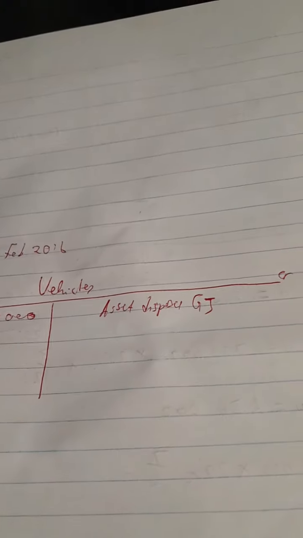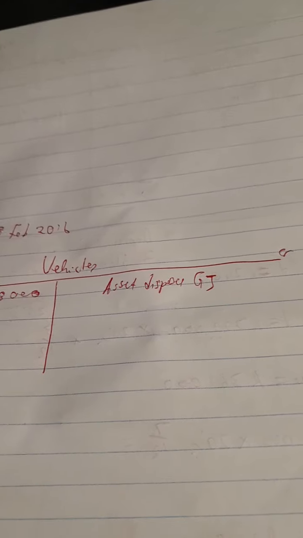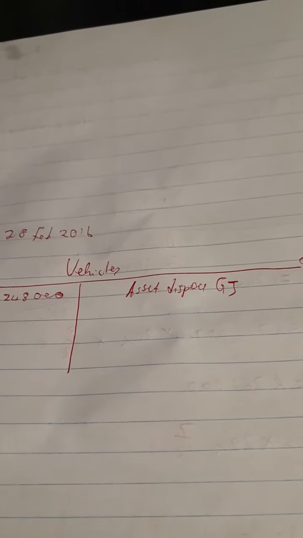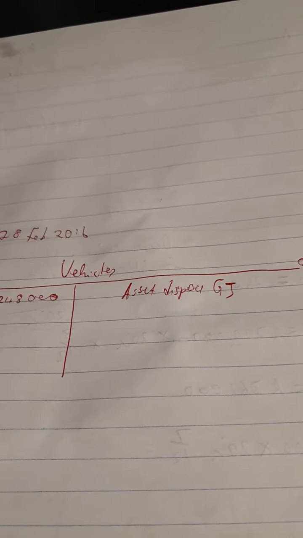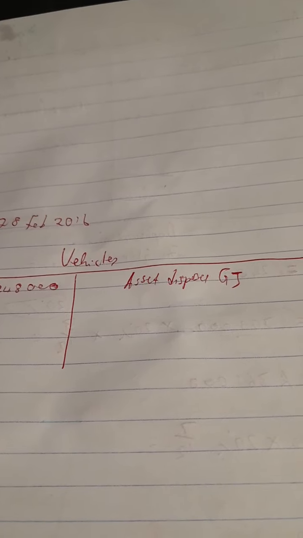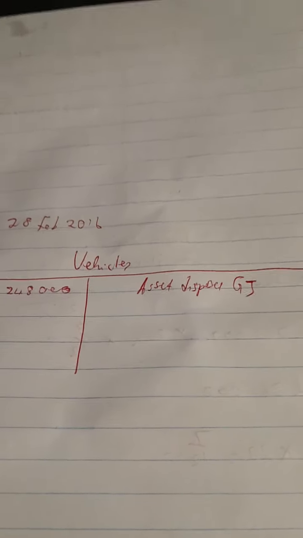So then it's asset disposal GJ. How much are we going to record here? We are recording the original cost of the vehicle that we sold. The statement continues, saying on credit to M Mari for 68,000. So we sold it for 68,000.